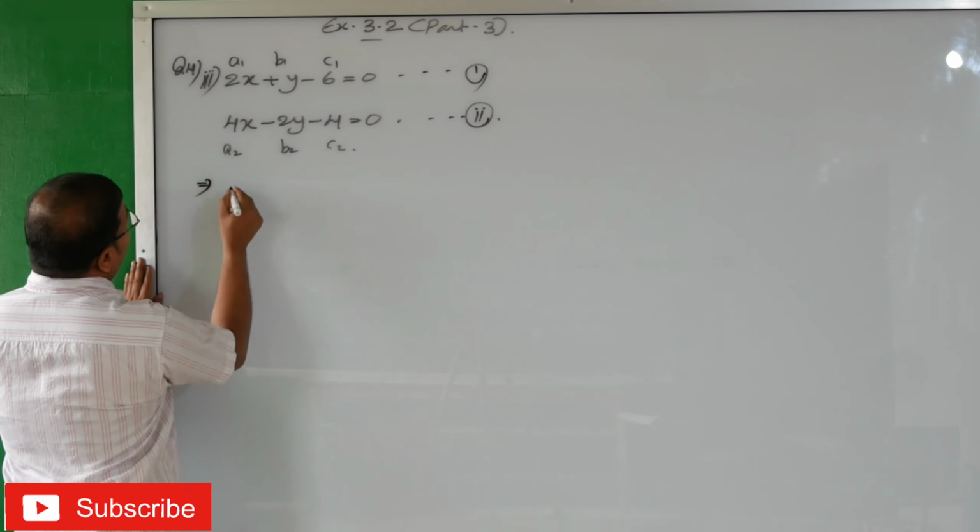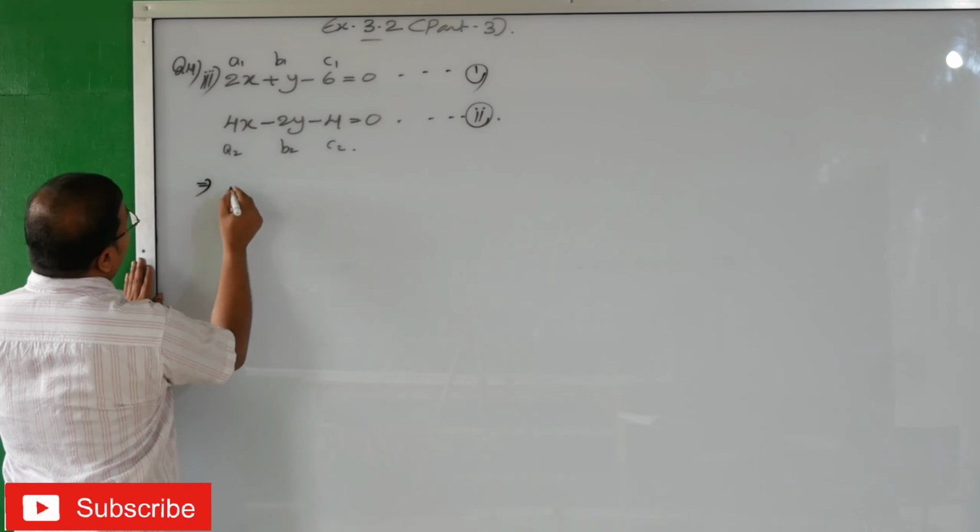Ready? Now we'll go for the first equation. What is the first equation? 2x plus y minus 6 equal to 0. Now we'll keep only y here. The balance will carry to the next side. So minus 6 goes to the next side, plus 6, plus 2x goes to the next side, minus 2x. Ready? So we got y equals 6 minus 2x. Now what will you do?